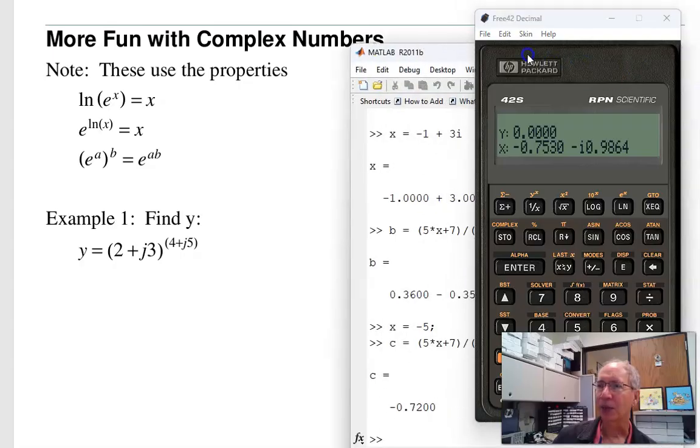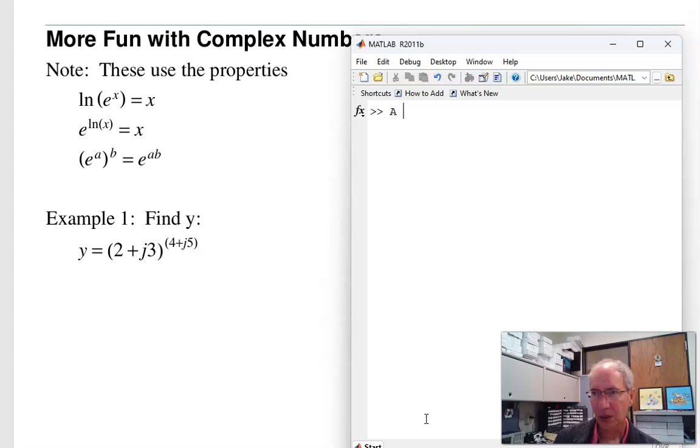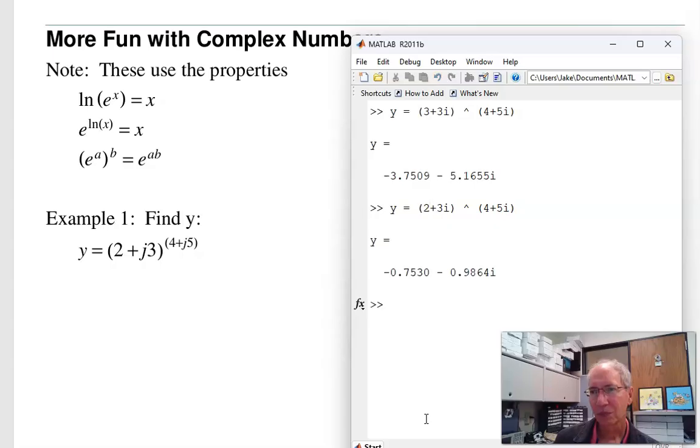I can do that in MATLAB. Y is 2 plus j3 to the 4 plus j5. There we go. Same answer.